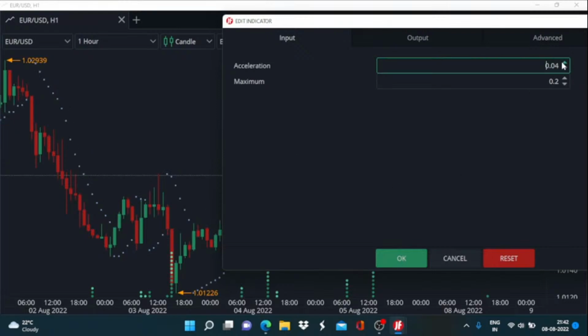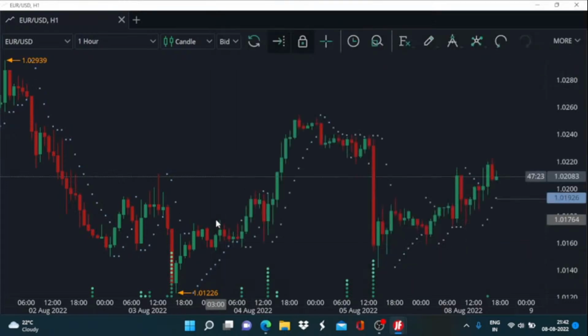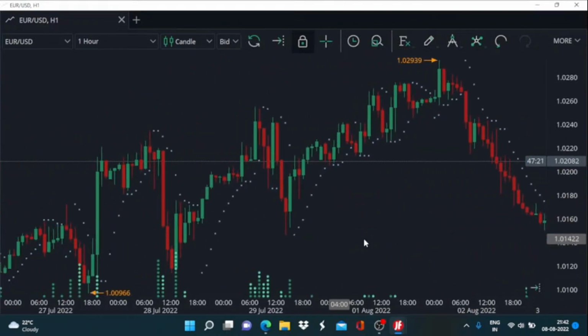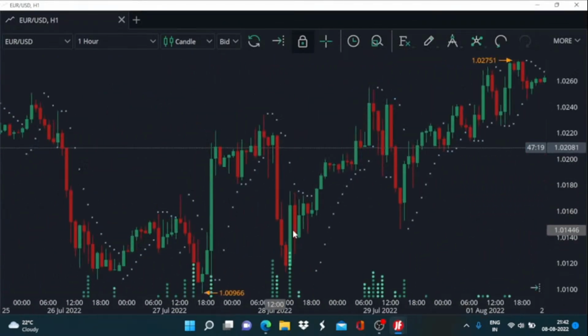So now, as I am using higher acceleration, you can see that the plotting of the parabolic SAR is now happening quite close to the price action. So it is trying to follow the price moves quite closely.